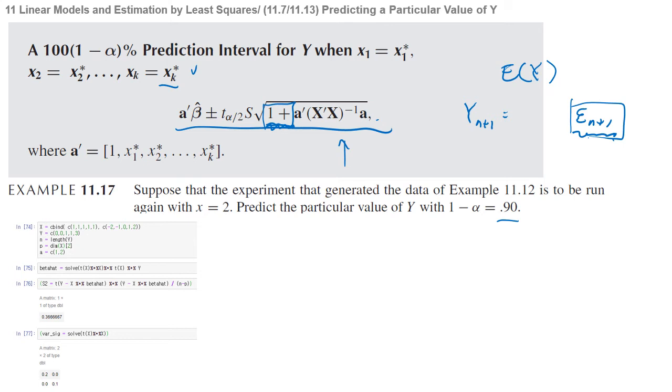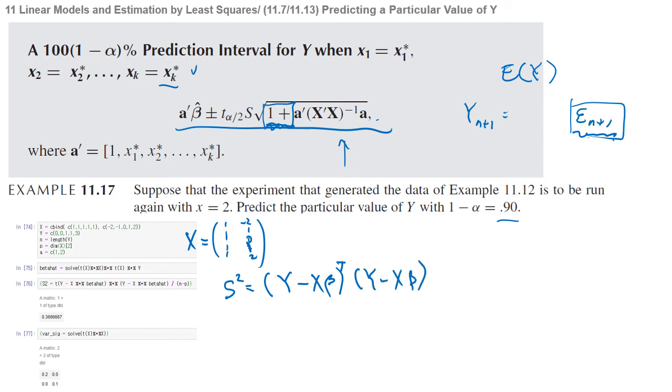We can define our x as minus 2, 1, 0, 2, 1, 2, and y is this thing, and to calculate s square, we can use y minus x beta transpose y minus x beta divided by n minus p, which is n minus 2.